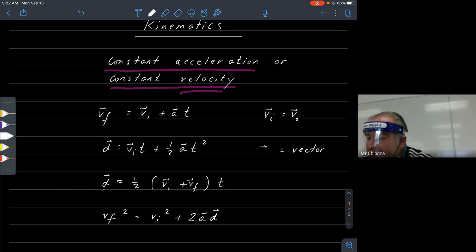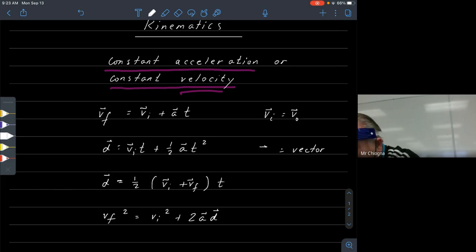Again, the little half arrows that I put on top mean that they're vectors. They are going to have a direction as well as a number associated with them. Positive or negative direction. East or west. We'll come back to that in a second.